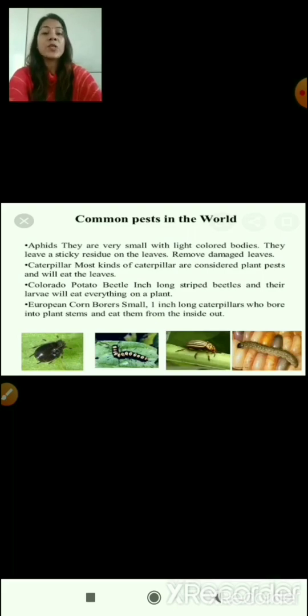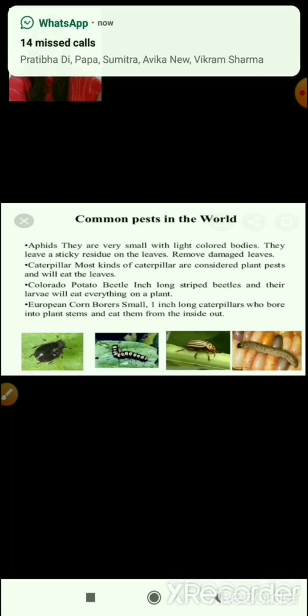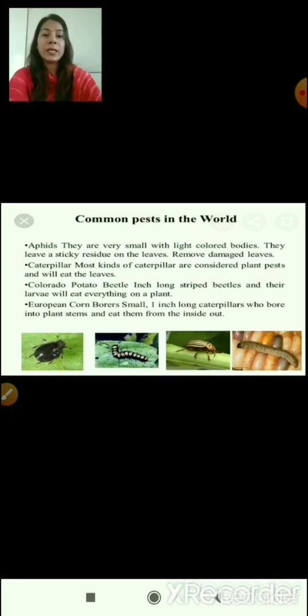The second picture is of a caterpillar. Most kinds of caterpillars are considered plant pests, and these caterpillars usually eat the leaves of the plant. The third picture shows the Colorado potato beetle, which is an inch-long striped beetle, and their larvae will eat everything on the plant.